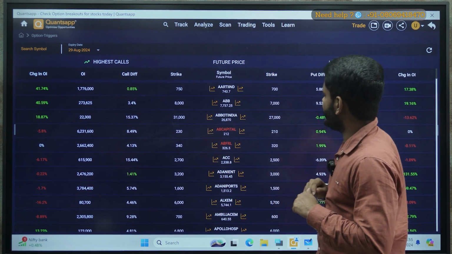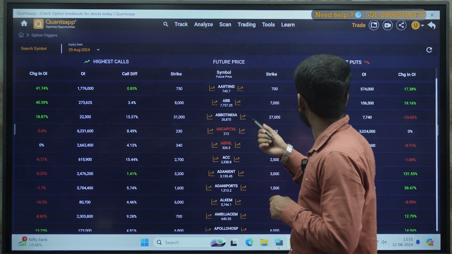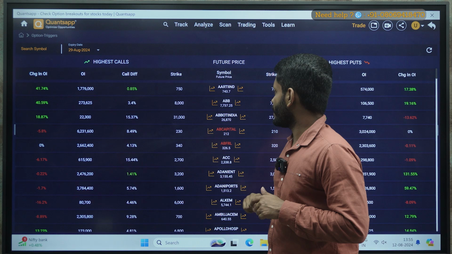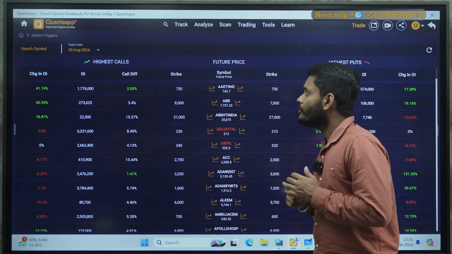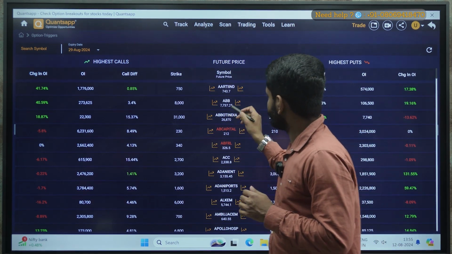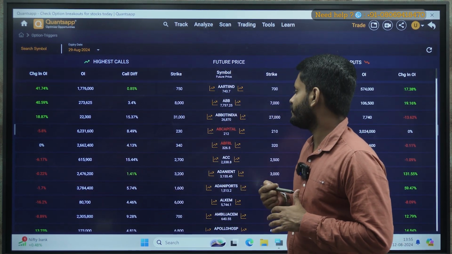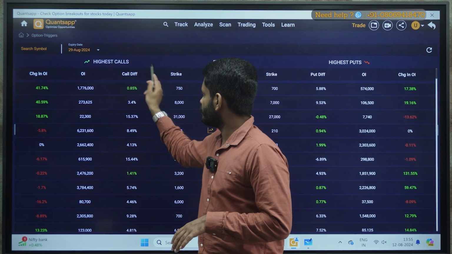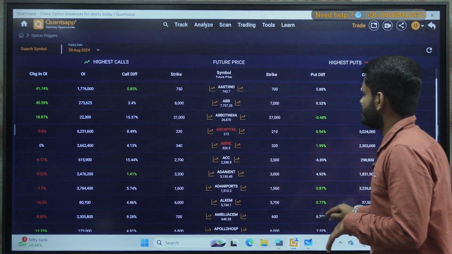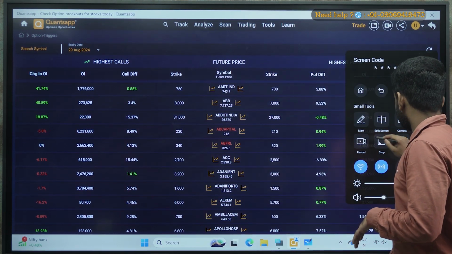Aarti Industries is trading at 743. The current price of Aarti Industries is 743, and the strike on the left hand side is 750, correct? So as of now, for Aarti Industries, the immediate resistance is 750, I would say. Now if you see, the next one is call difference. Can you see? So what is call difference?